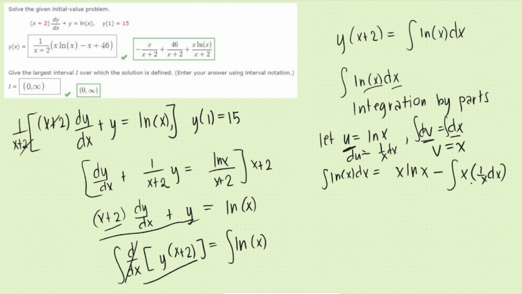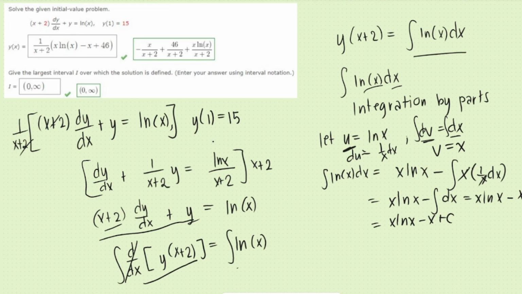So let's put that here: u times v minus the integral of v du. So this is just x ln of x minus the integral of, cancel these, we have dx. So x ln of x minus x. We don't forget the plus c here, we'll just put it here. So this is the answer for the integral of ln of x dx.